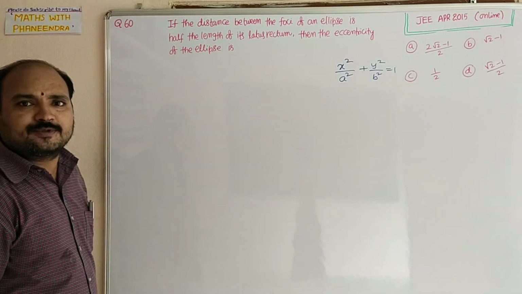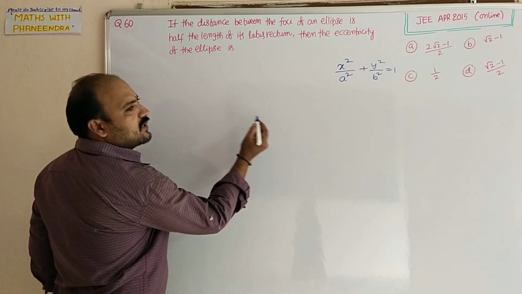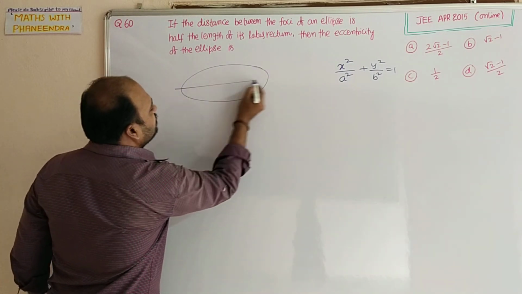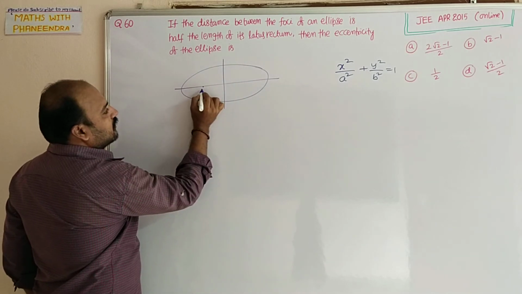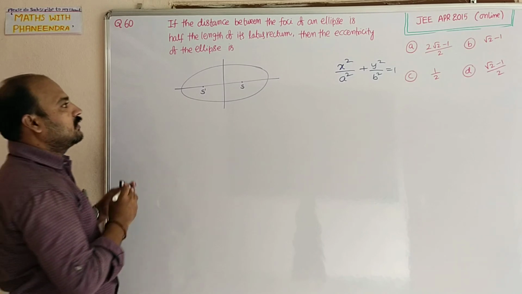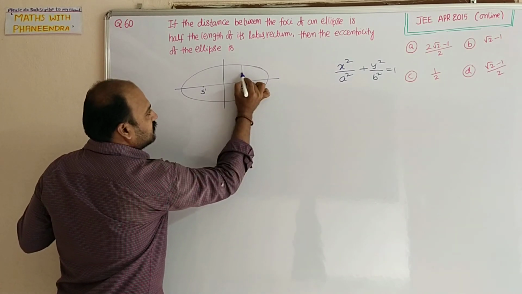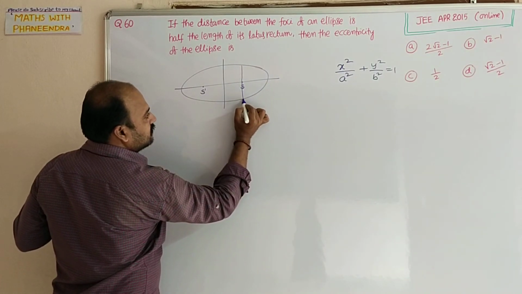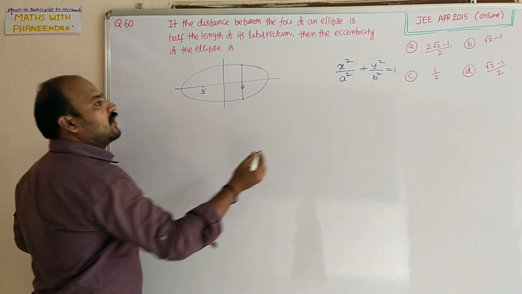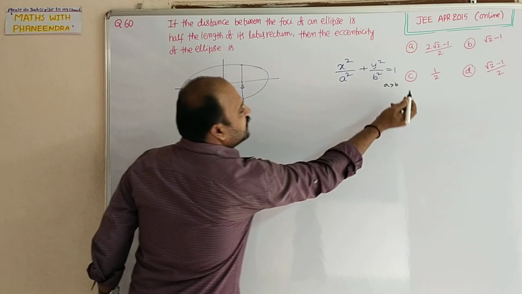S dash S is the latus rectum, the distance between foci. Here we are taking only the case where a is greater than b, as standard equation means a is greater than b.